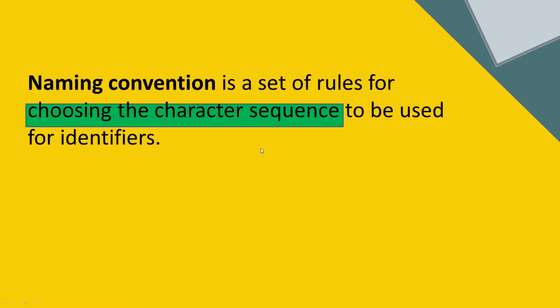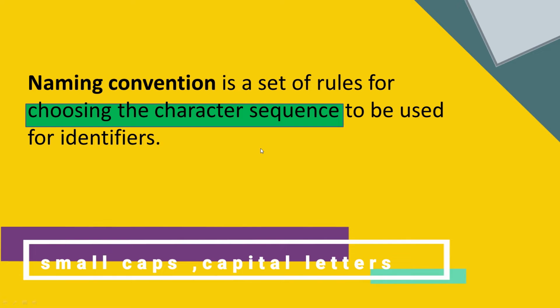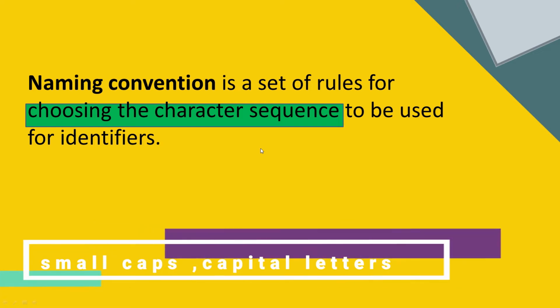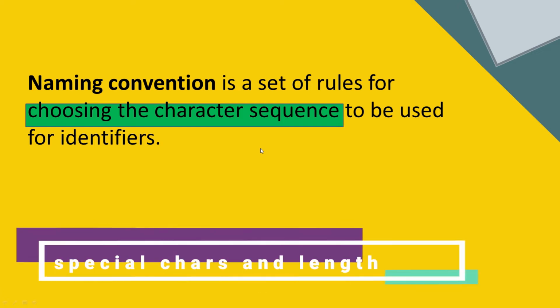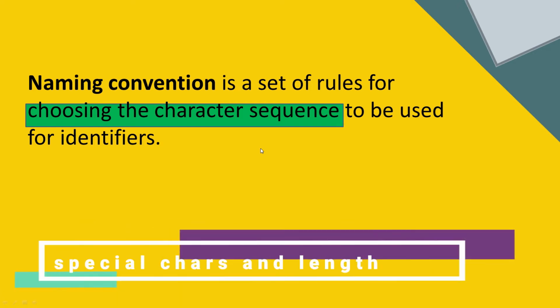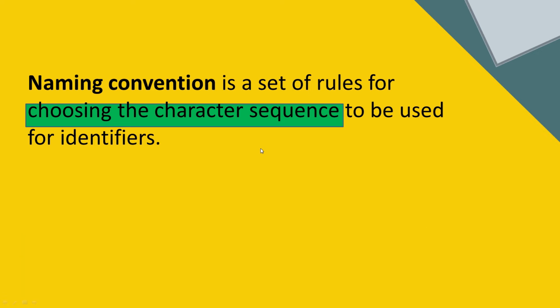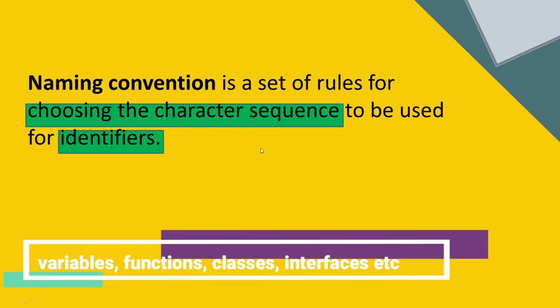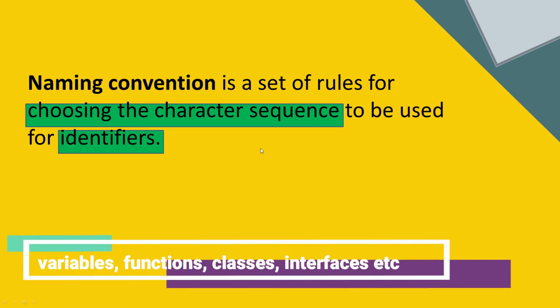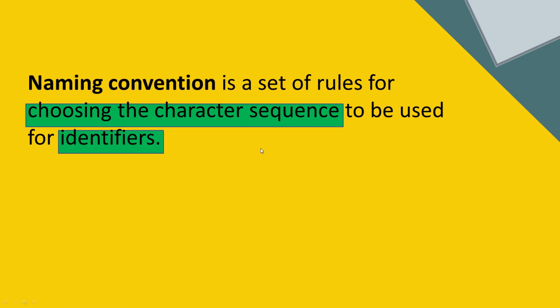Specifically, these guidelines are around small caps, capital letters, use of special characters, and the length of the word that we are choosing. Again, this naming convention is used while naming identifiers. What are identifiers? Identifiers are all the variables, functions, classes, interfaces, packages, constants, etc.